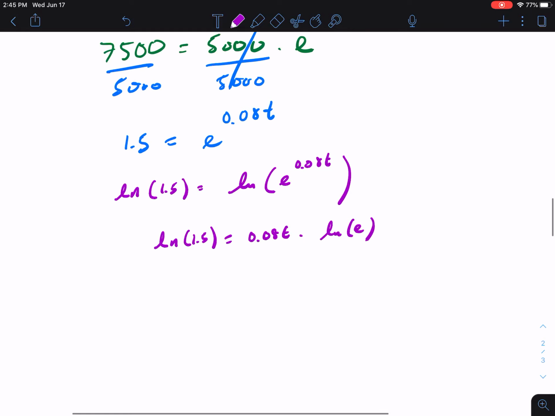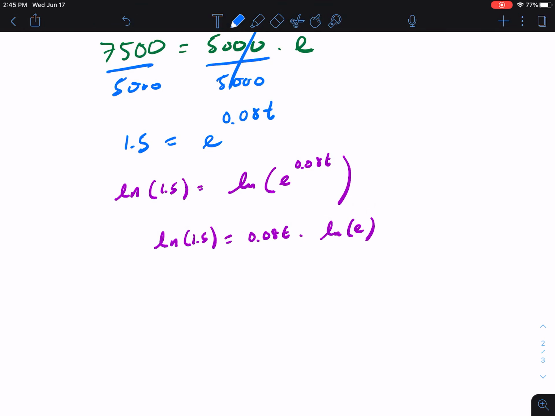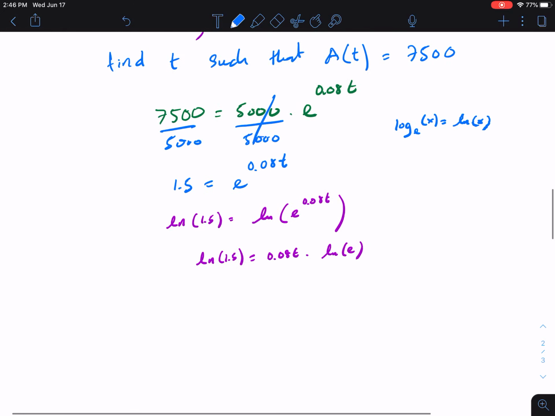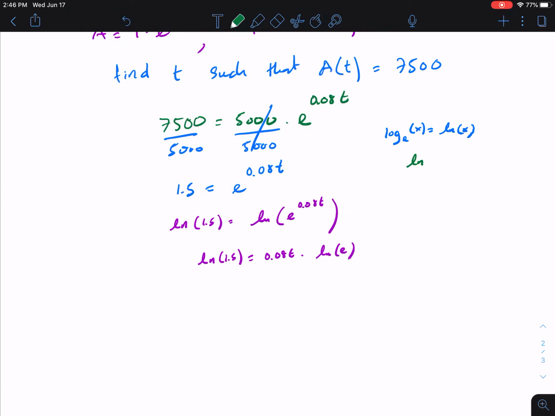So this is where the natural log and e cancel out here. When you have a log of base e, by definition, this is the natural log, ln x. So when you have ln of e, that's just log base e of e. By definition of logarithm, this is saying what power do we raise e to in order to get e, so that's going to be 1.